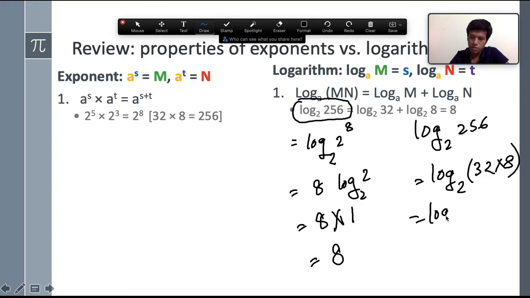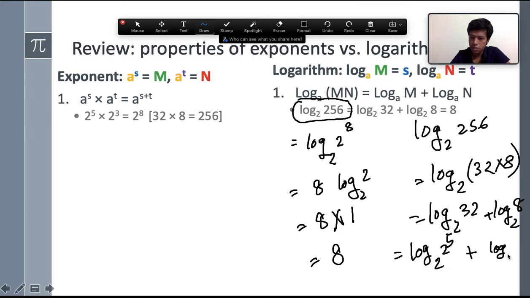So it becomes log base 2 of 32 plus log base 2 of 8. Log base 2 of 32 means 2 to the power what? 2 to the power 5. Then plus log base 2 of 8 means 2 to the power 3.